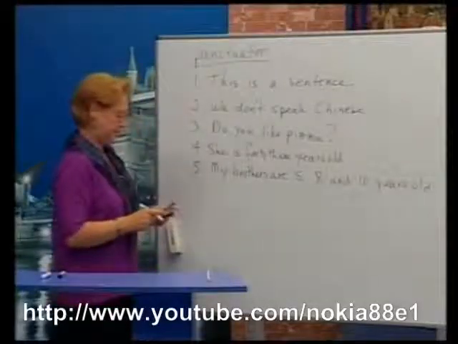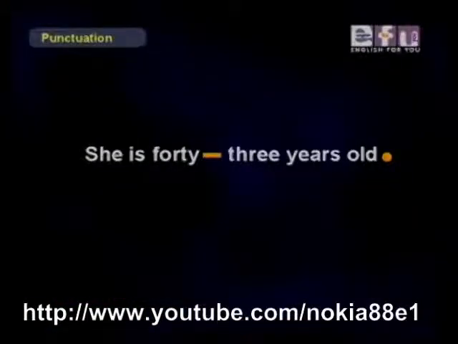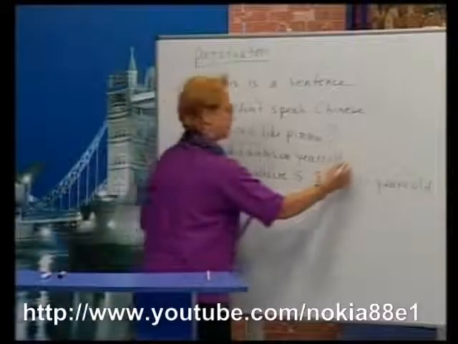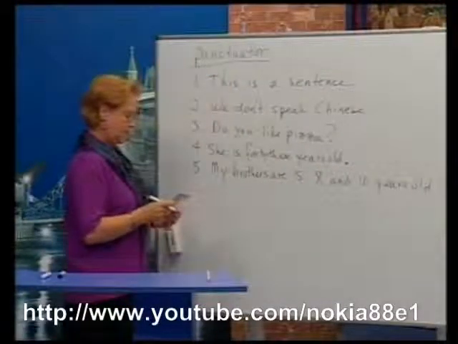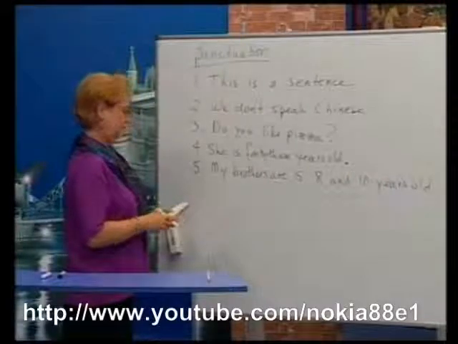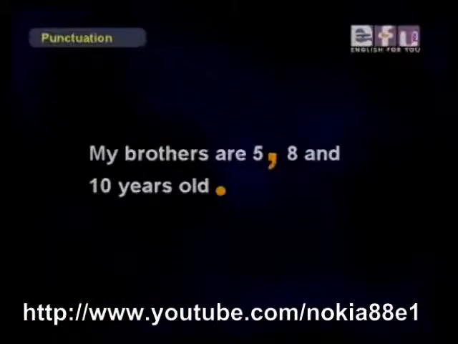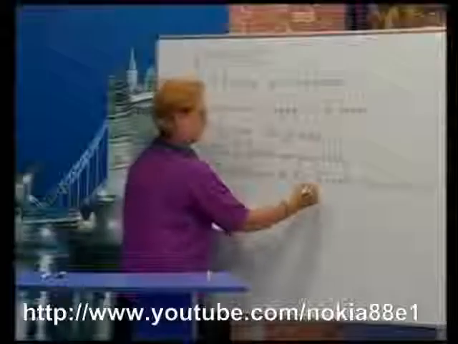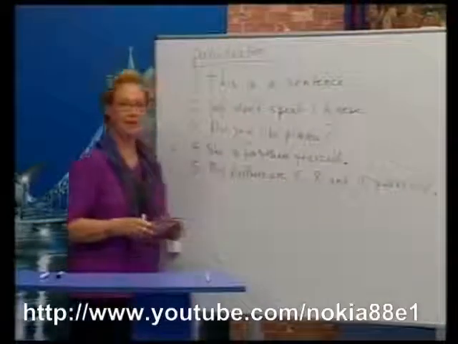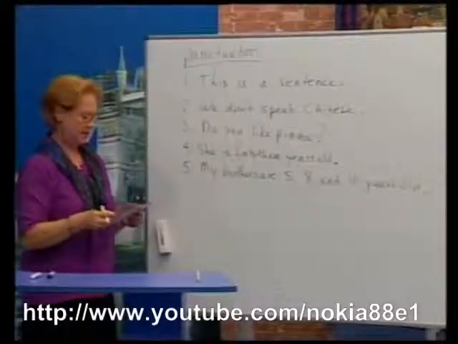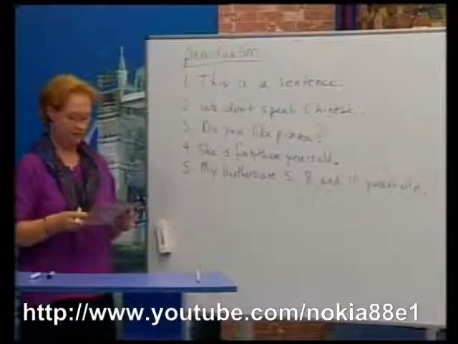Okay, Lisa. She is 43 years old. Period. Yes, good. And last one, Isabel. My brothers are 5, 8, and 10 years old. Period. Okay. All right. There should also be a comma here. Okay? All right. Good job, all of you.